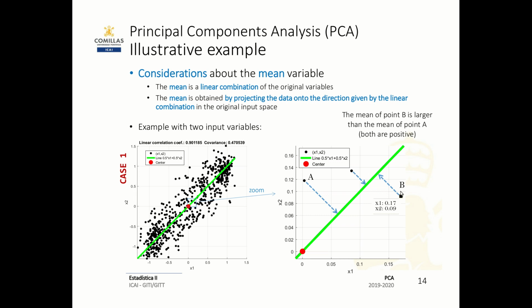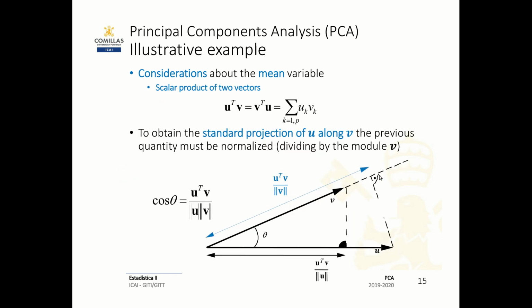So these are these projection ideas. We have an observation, and this observation is projected onto the line. So calculating the mean, that is x1 plus x2 divided by 2, is projecting a point onto a line.